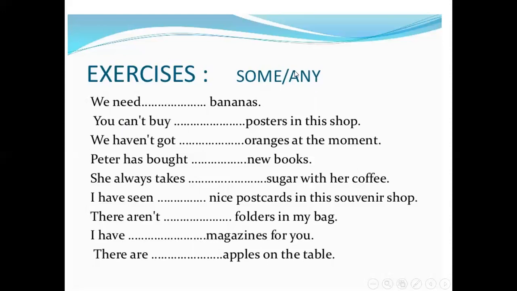So in this case, do I use some or any? Any, very good. Next, Peter has put some new pigs in the box. Pigs here is a plural noun, and the sentence is affirmative, so in this case I use some. You can complete the rest of this exercise in your homework.